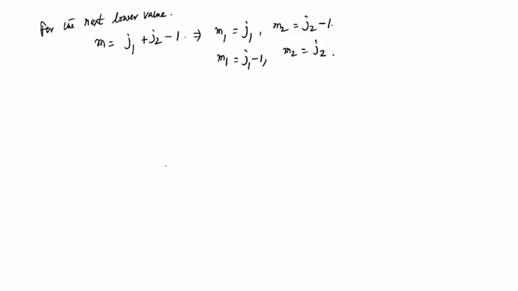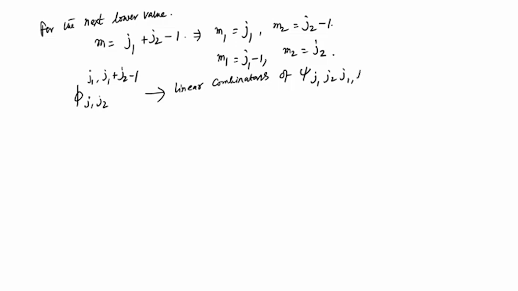Okay. So, we have these phis, J1, J2 and J1 plus J2 minus 1, that should be a linear combination of these two things which are given by these combinations. So, these should be combinations of psi J1 J2 J1 J2 minus 1.